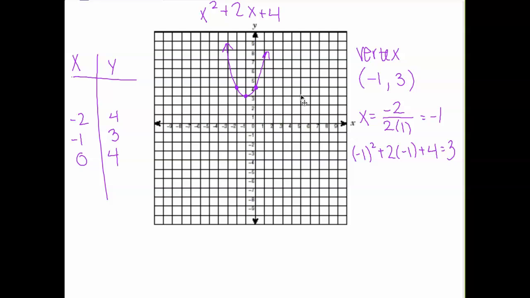So my vertex is at -1, 3. If I made my table of values, then they increased. It's open up.